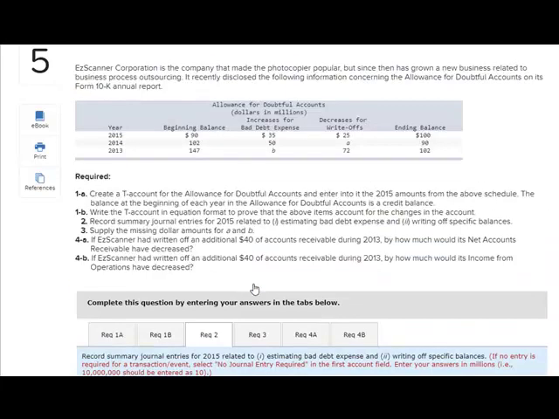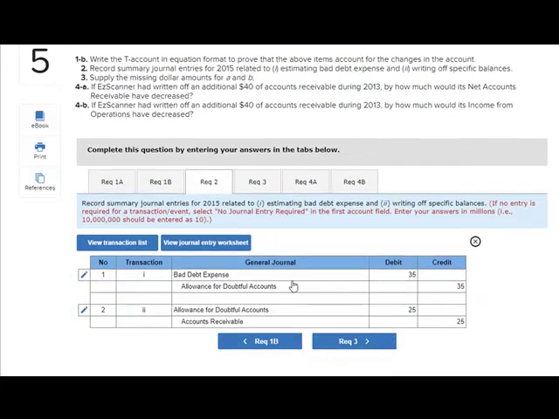And scrolling up here to look at the data for 2015, we see that 35, which is 35 million, is the amount of increase for bad debt expense. So it's the increase to the allowance account resulting from this adjusting entry.